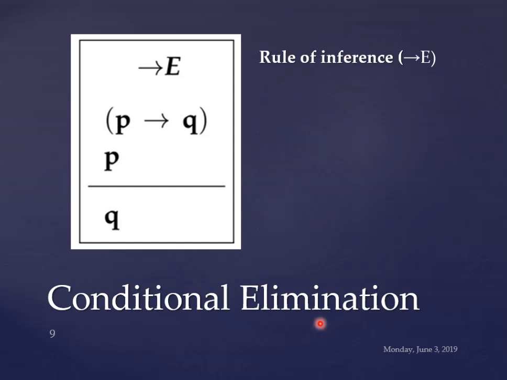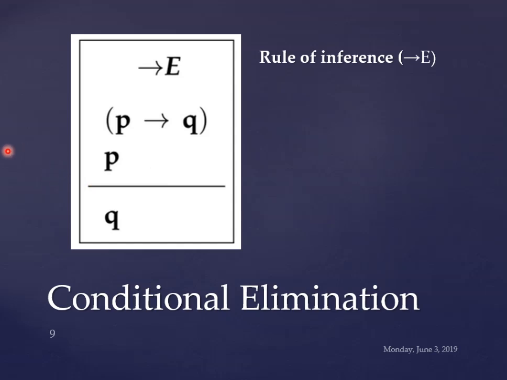Conditional elimination is signified by this arrow E. So when you see this, what does that arrow E mean? It means conditional elimination. All right, so what we're doing here in this rule of inference is we're actually symbolically removing this arrow. Okay, so how are you going to do that?